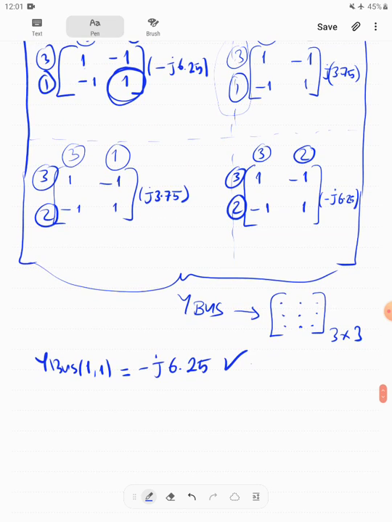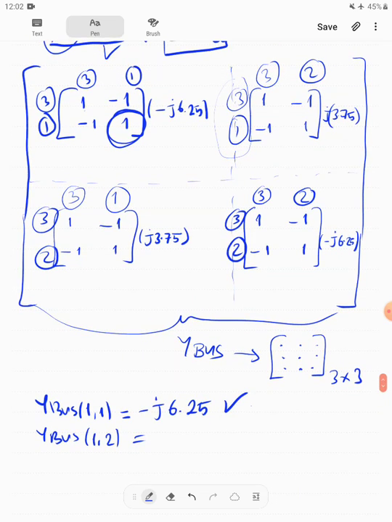What about Y bus 1, 2? This is our second element in Y bus. 1, 2 means that we are at the first row, but the column is 2. So yes, we are searching all the entries whose row number is 1 but column number is 2. Is there any such element?